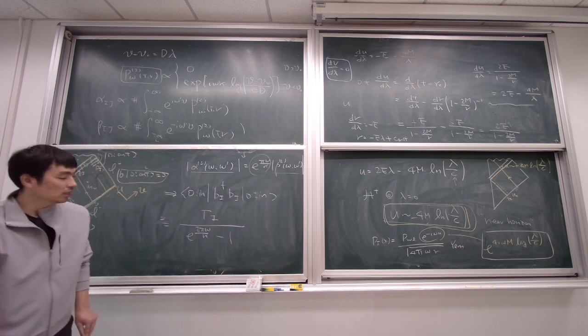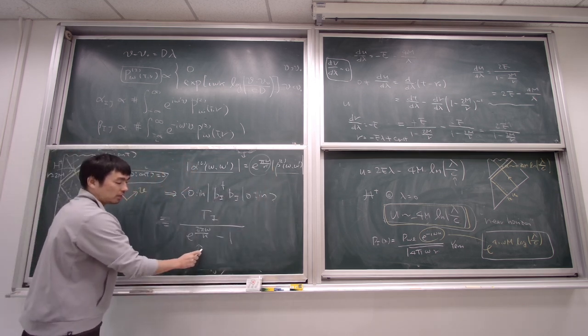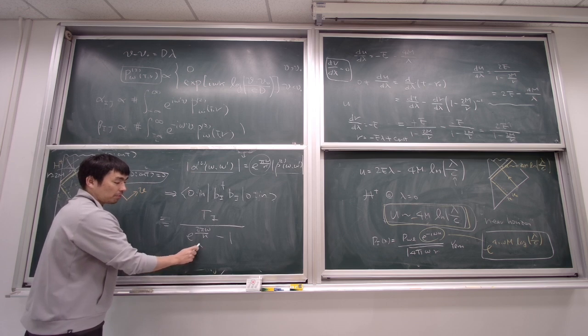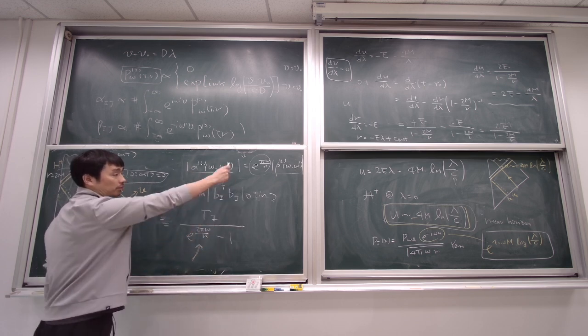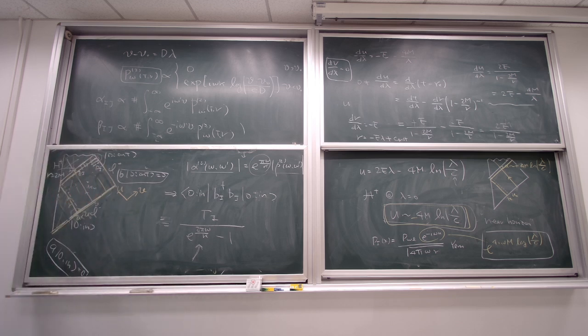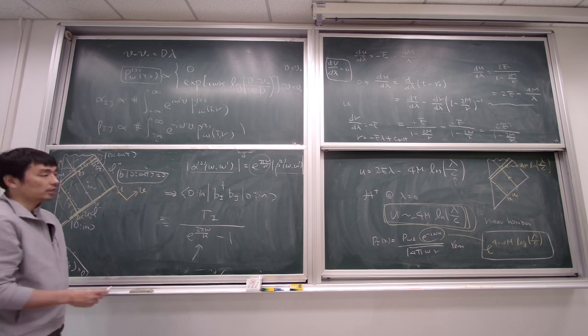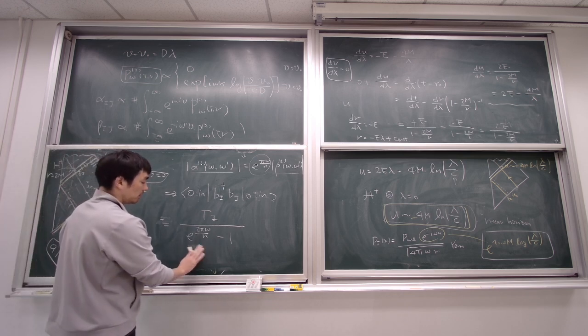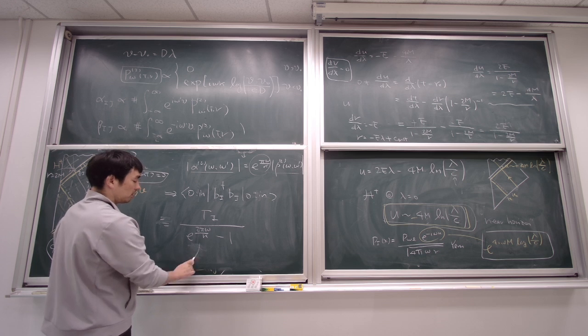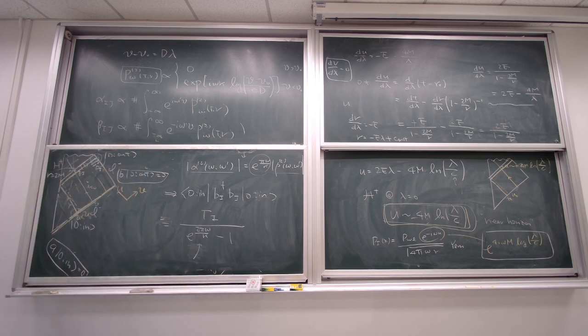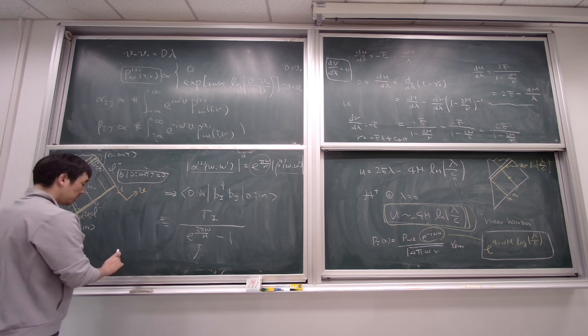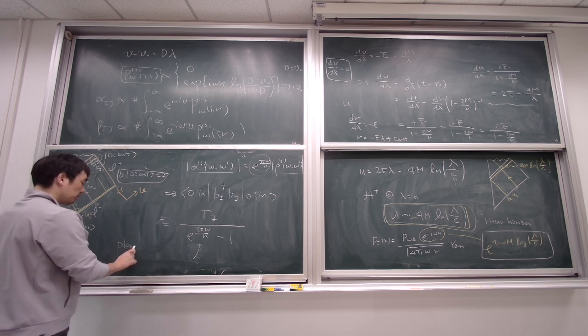In fact, the square of this term will appear in here, as we saw in the previous calculation. And at the end of the day, this is a Planck distribution.